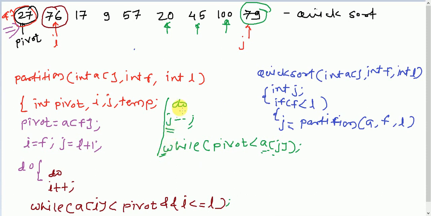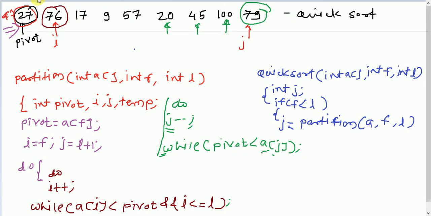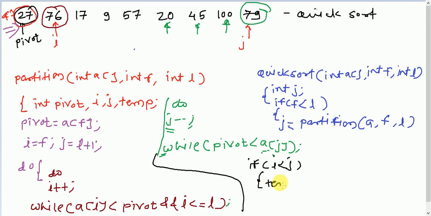Now then we have seen the next condition. What we are supposed to do here, when I and j stop and they are not intersecting each other, that means if I is smaller than j, then we interchange A of I with A of j. So temp equal to A of I. Don't write the program, I'm just telling you the process.